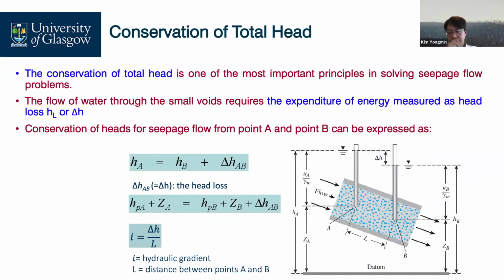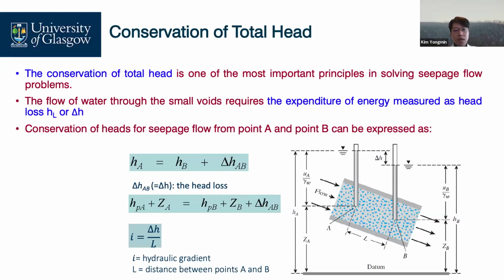Let's think about two-dimensional water flow. We have inclined ground and installed two different standpipes here and here, point A and point B, just in the middle of the soil layers, right? The inclined soil body is a simplified ground in Singapore, let's say. So as expected, there should be some differences between these two locations in terms of head.